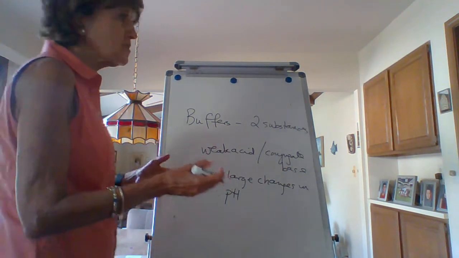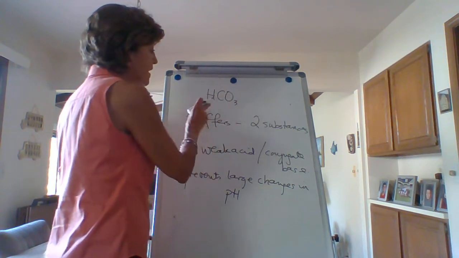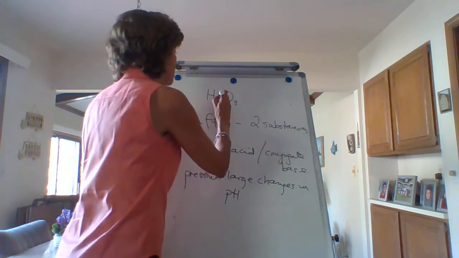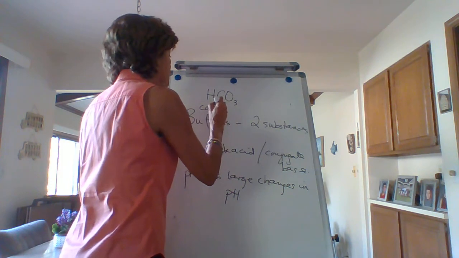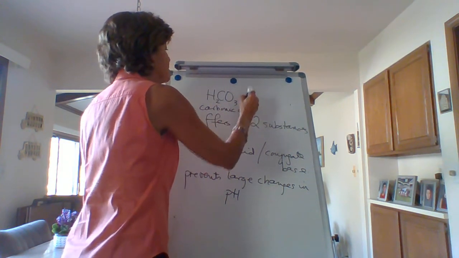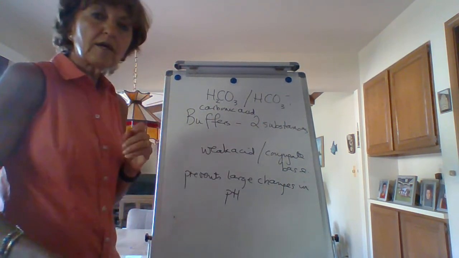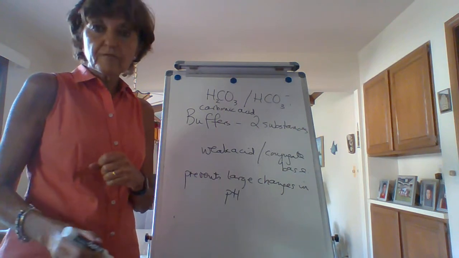A typical buffer system is carbonic acid, which is a weak acid, and its conjugate base, the bicarbonate ion. That's considered a good buffer.